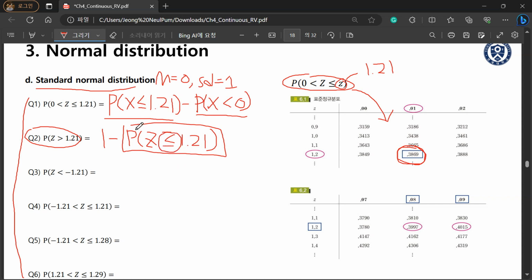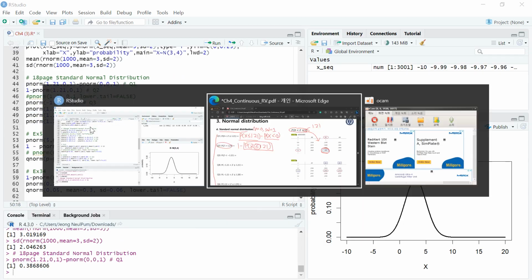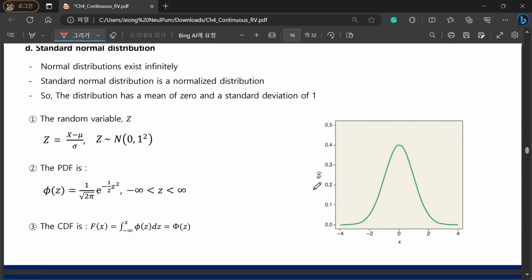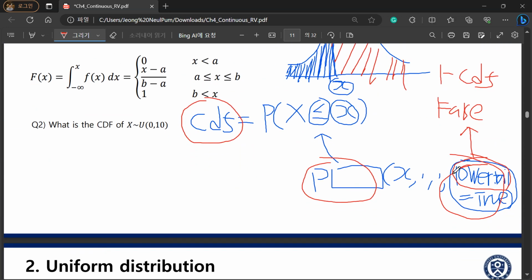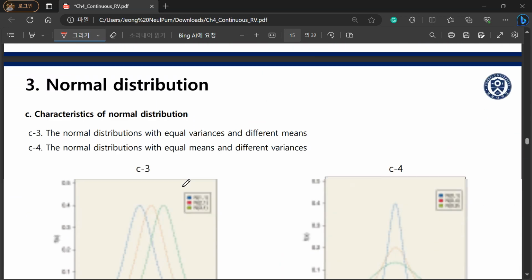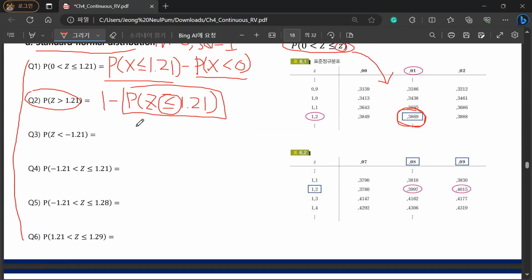So in this situation, we can use the pnorm function without setting any lower tail option like this one. Because the lower tail option is always TRUE as a default value, we don't have to mention the lower tail option when we are always dealing with the CDF function.